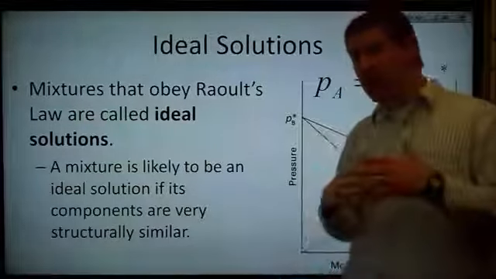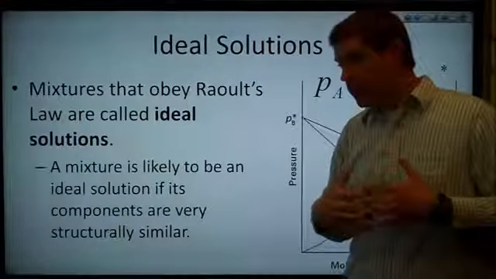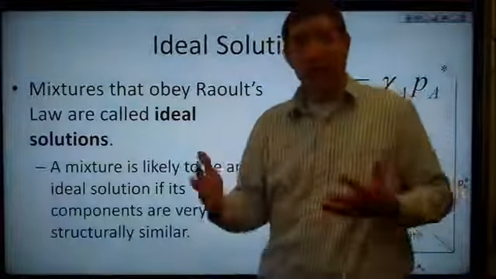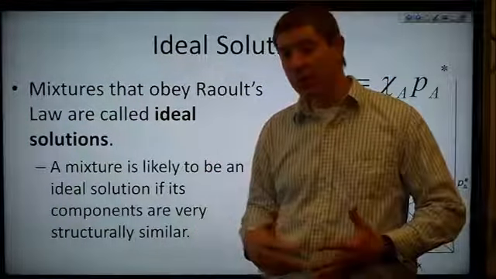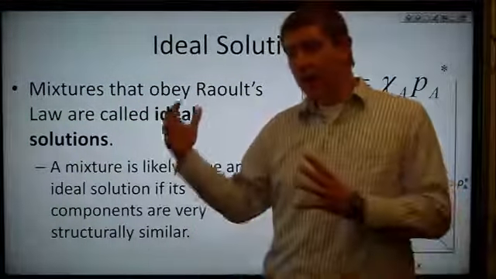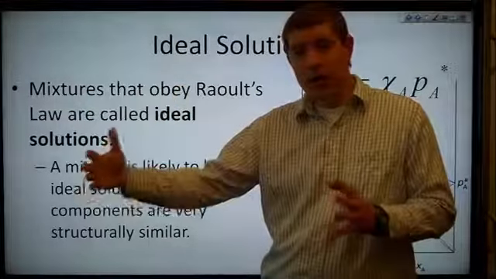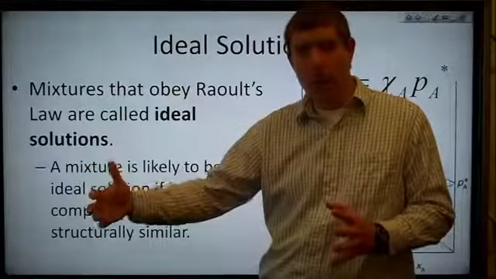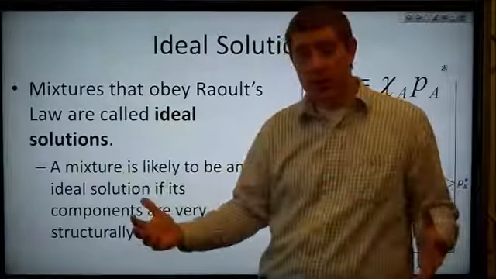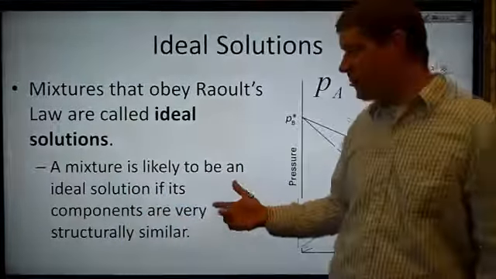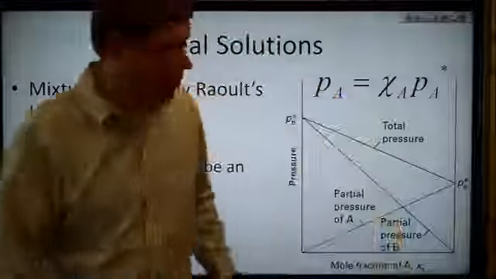So if we have something like ethanol and methanol, let's say, those are fairly similar structurally, but if we have something like water and a long hydrocarbon chain, those are fairly dissimilar structurally, and so we're likely to have a non-ideal solution.